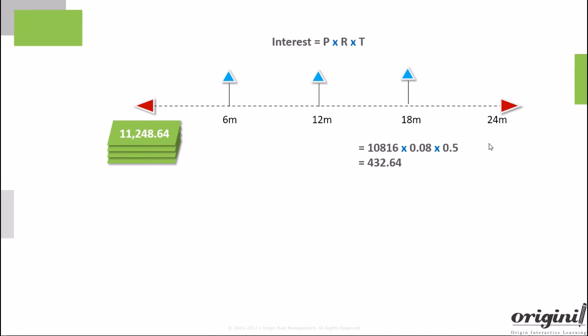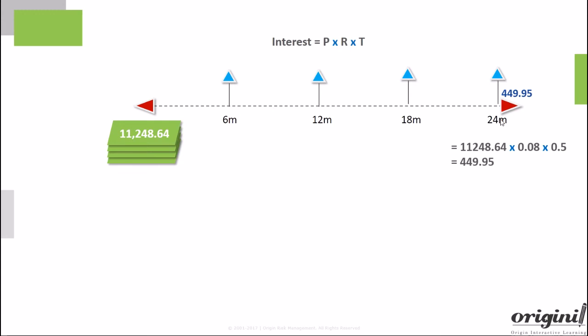Repeating the process for the last time, as we will be reaching the end of the 2-year period, which is the maturity date of the deposit. The final interest amount is 11,248.64 multiplied by 8 upon 100 multiplied by 0.5, and that is equal to 449.95.